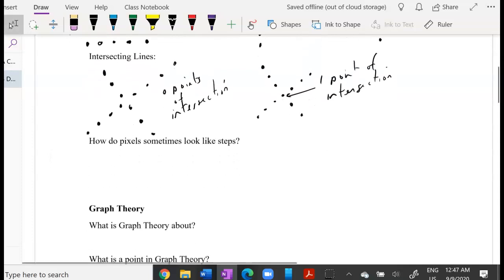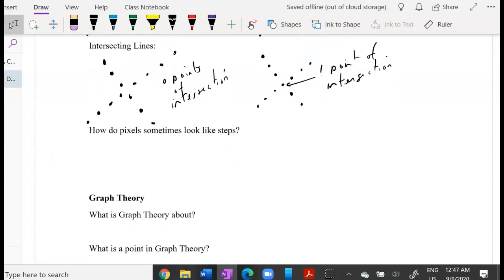Okay, I just want to talk a little bit about how pixels can sometimes look like steps, to help you understand how a computer screen works. Again, you'd have to really zoom in unless your computer screen is 30 or 40 years old. But on a calculator, there are still a lot of calculators out there that look like this. Now let's imagine that you have an arrow, and you zoomed in on the arrow. If you zoomed in enough, they look like steps.